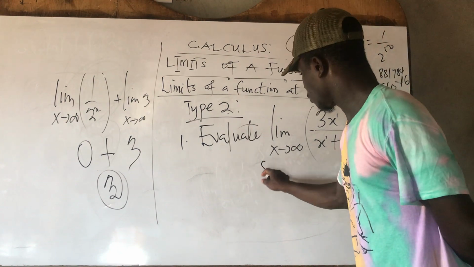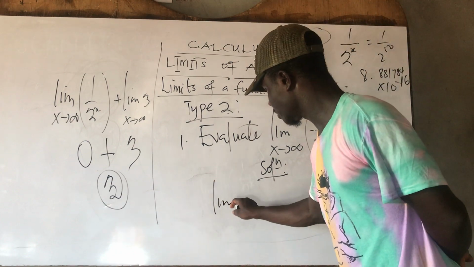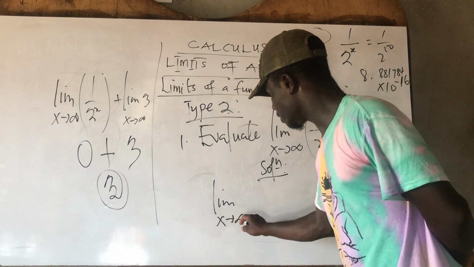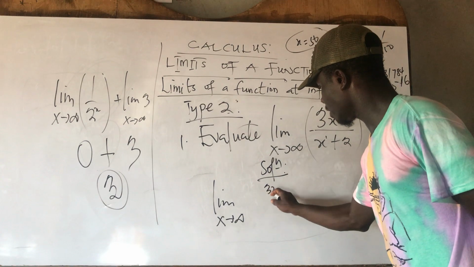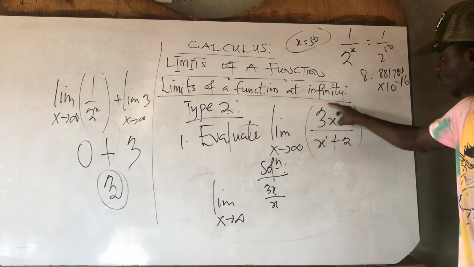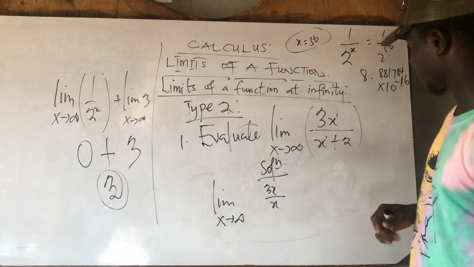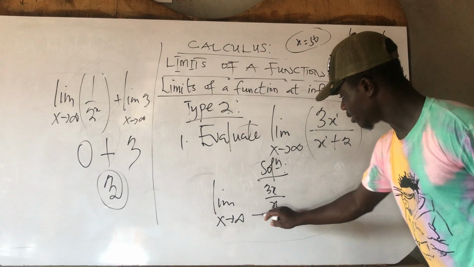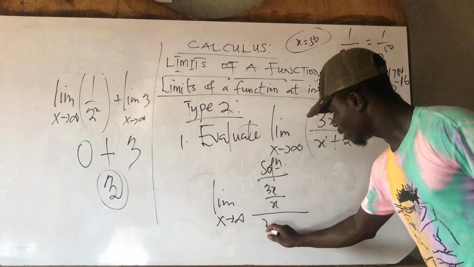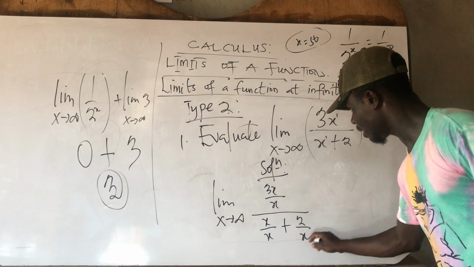So we have the solution to be the limit as x approaches infinity of 3x all over x. We will divide this numerator by the highest power, which is x, then divide x plus 2 by x.